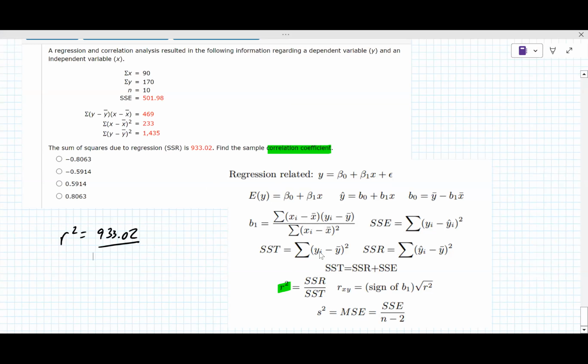The SST is this, the sum of (Yi minus Y bar) squared, which is 1435.